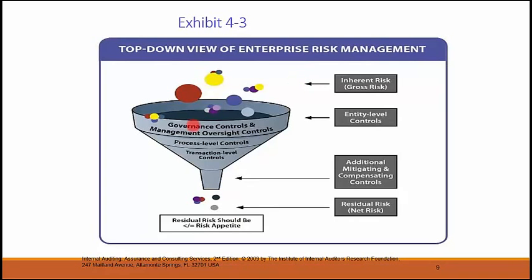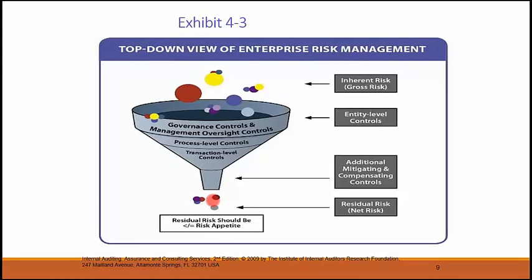So the issue becomes that we manage these risks through internal controls and so forth, but at the end of the day, at the bottom, there's still going to be things that can go wrong. This is what the residue risk is, and this is where we as auditors need to understand this, but we also need to understand that this risk residue is a function of senior management.